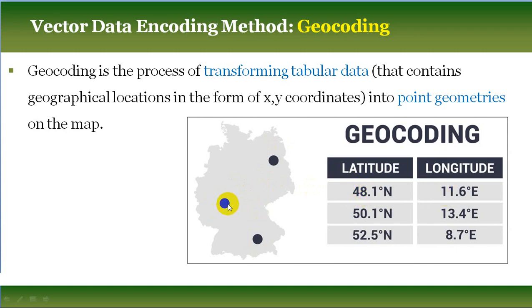For example, this point represents this longitude latitude pair, this point represents this longitude latitude, and this point represents this longitude latitude. So this method of transforming tabular data into point geometry is called geocoding. Just like on-screen digitization, we also use the geocoding method for entering vector data into the computer.